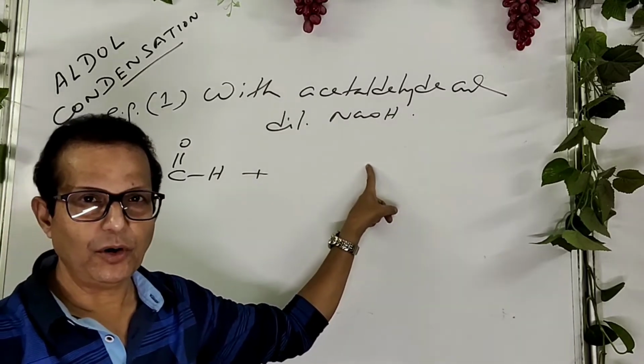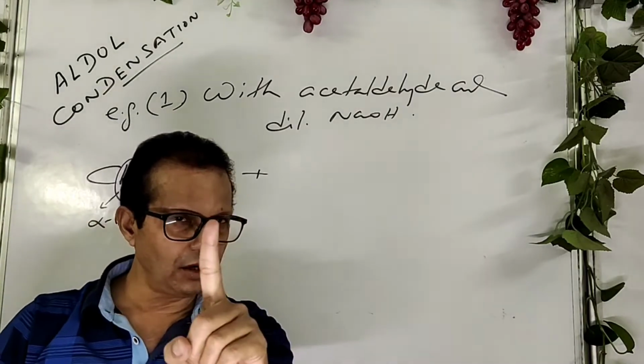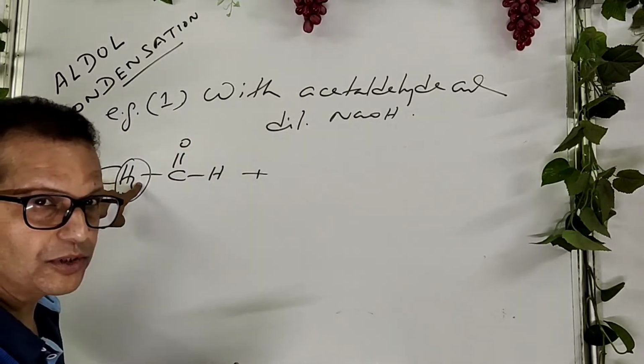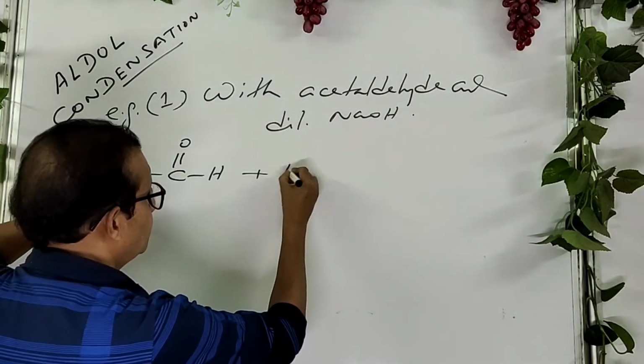Whenever you write the second molecule, separately write one alpha hydrogen atom. See, three alpha hydrogen atoms are here. Write one alpha hydrogen atom separately.